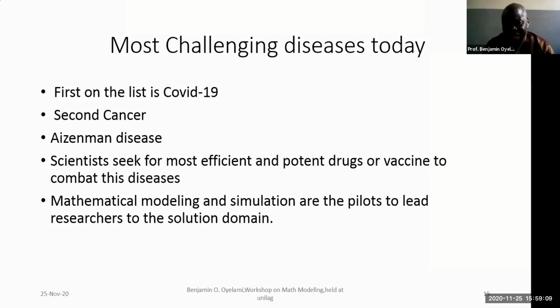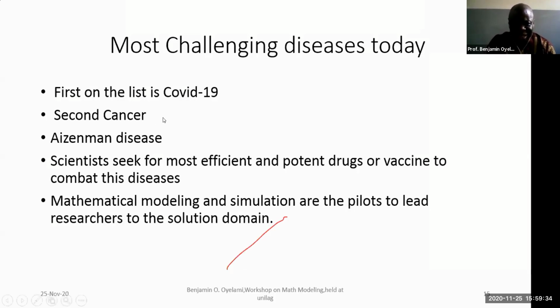Then in the UK, Cambridge University has tested their own vaccine, which is about 70 or 75% effective. China is testing its own vaccine in Brazil, but they have not told us what the efficacy of the drug is so far. Then the second one is cancer itself.